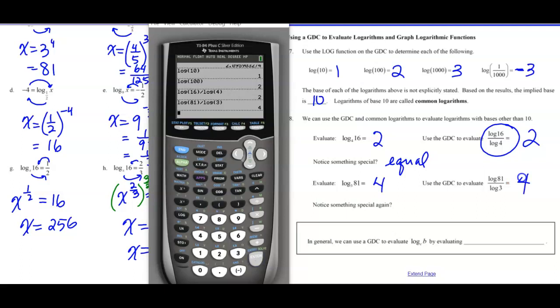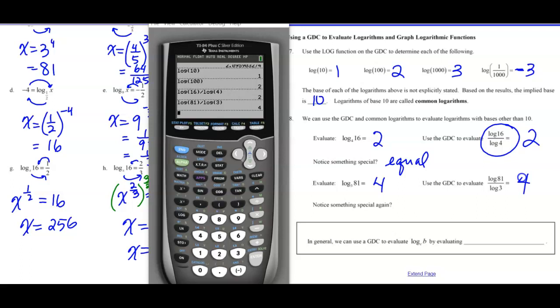Take a look at what this is in terms of common logs. This is log base 10 of 81, the original argument. This is log base 10 of 3, the original base. 16 is the original argument, 4 is the original base.